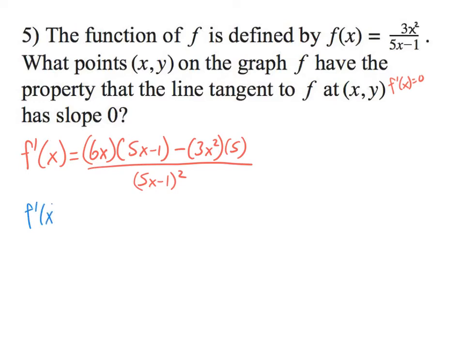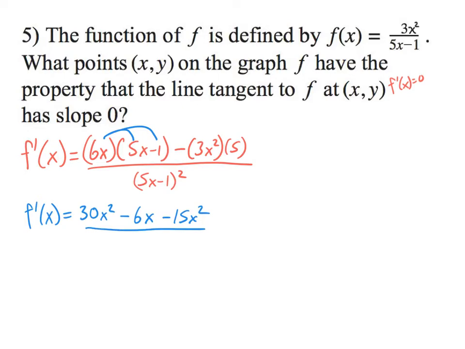F prime x is equal to, let's distribute, that looks like it's going to be 30x squared. This right here becomes negative 6x. And this right here, when we multiply the next piece, would be a negative 15x squared.